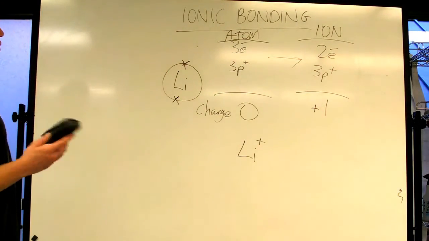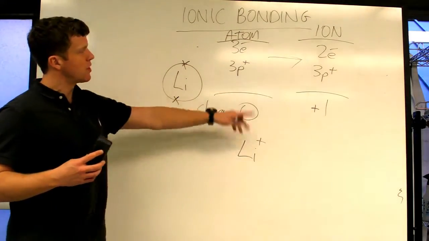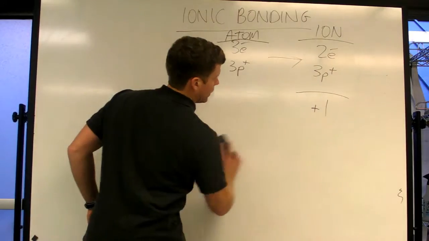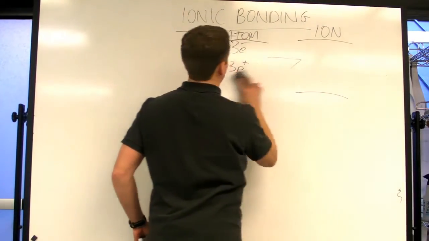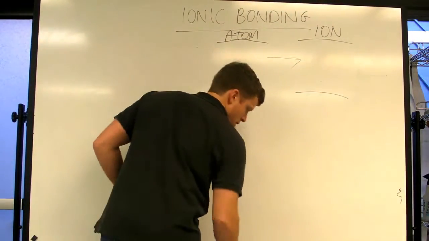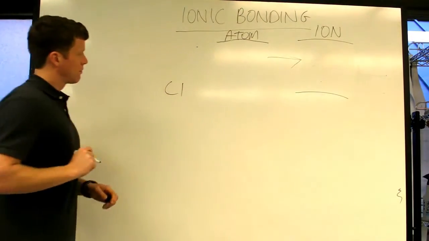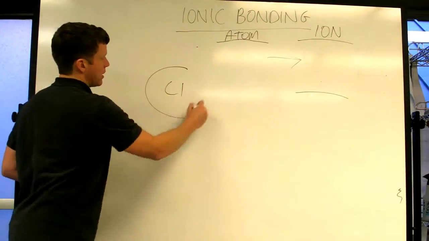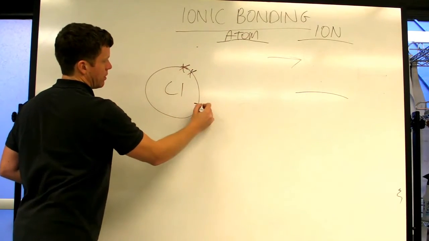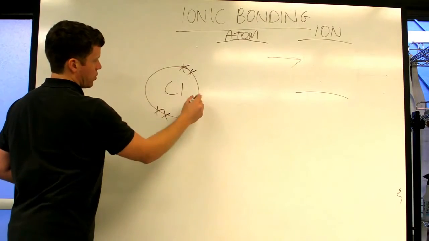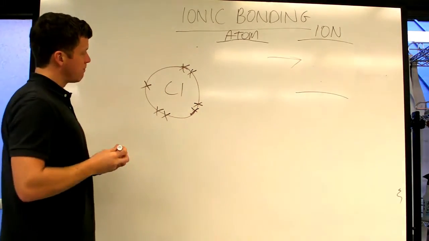Alright, so ionic bonding. This is what metals do, they lose electrons. So I'll erase this and let's look at a non-metal, chlorine. If I just draw the valence shell electrons for chlorine, 2, 4, 6, 7, it's in group 7.